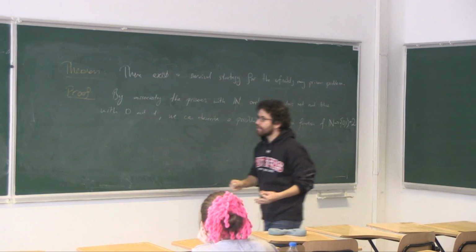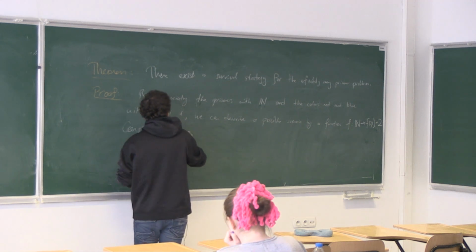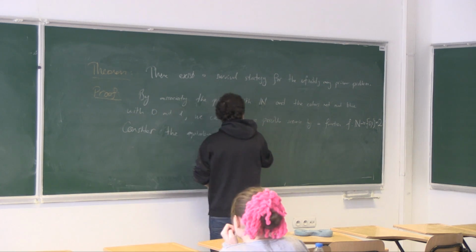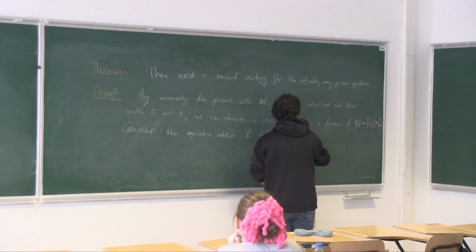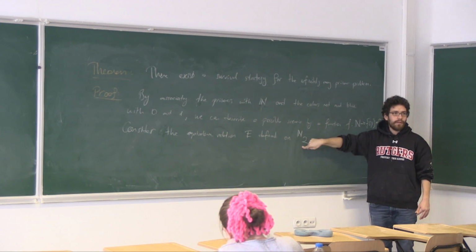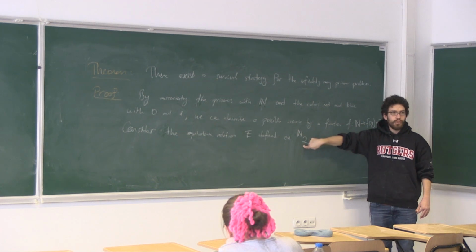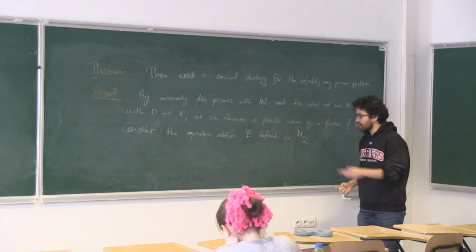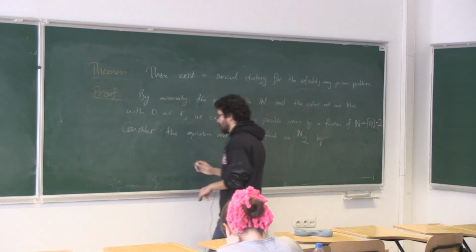Now, consider the equivalence relation E defined on this set. What is this set? Anyone remembers what this is? This is the set of functions from natural numbers to 2. So this is the set of all such functions. I'm defining an equivalence relation on this set, as follows.